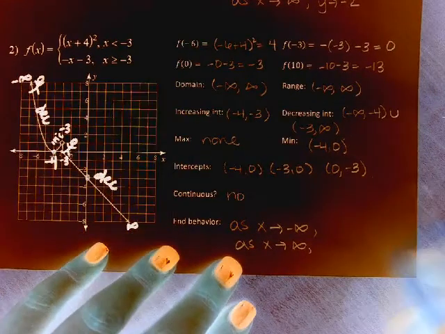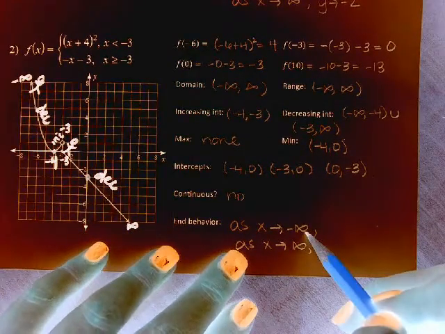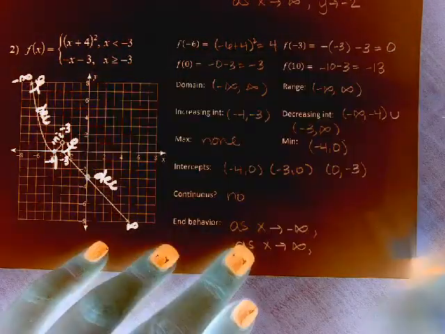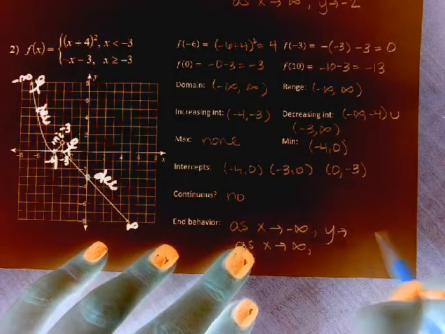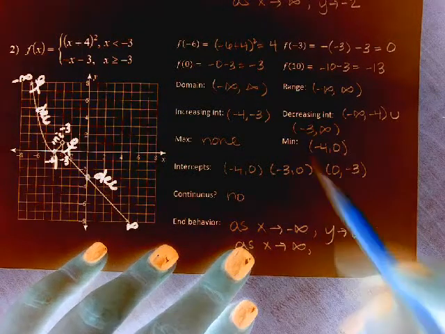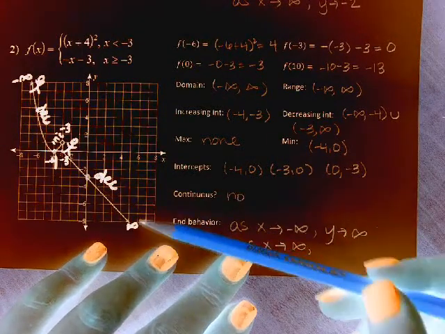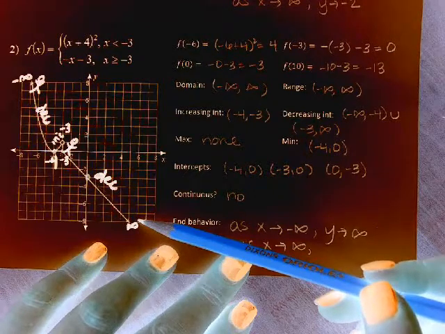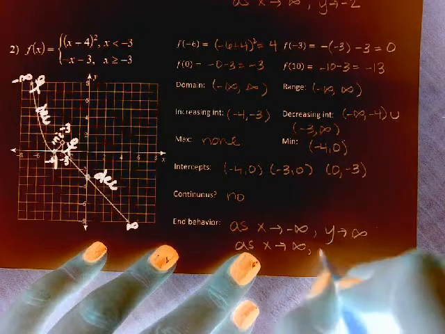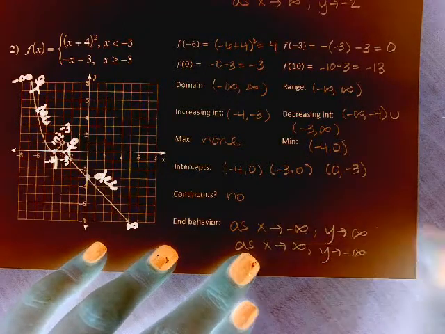All right, so what happens when we look to the left? The y value is going up, so I'm going to say y goes to +infinity. As we look to the right, the arrow's going down, so y goes to -infinity. All right.